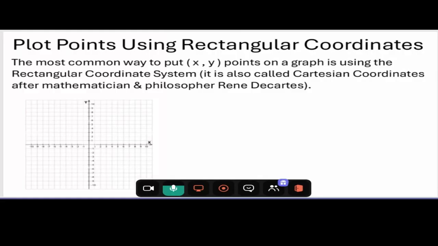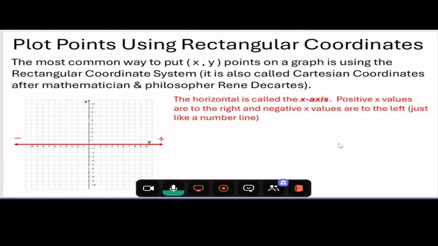So there is a typical rectangular coordinate graph, and you see that we have an x and a y. This is called the x-axis. There I've highlighted in red. It's the one that is horizontal. It runs right and left. And on that x-axis, it's just like a number line. When you go to the right, it's positive.